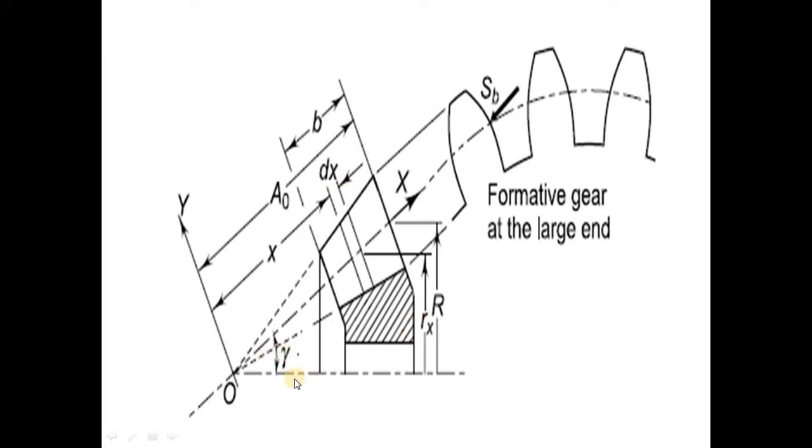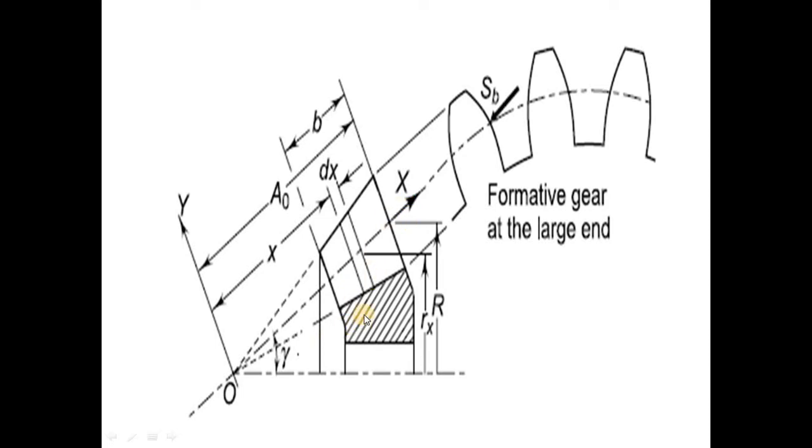Rx is the distance of that element from the central neutral axis, R is the larger end distance from the neutral axis, and A0 is the larger end distance from the apex point. The x distance is the distance from the apex point to the dx element, and SB is the beam strength acting at the midpoint of the face width of that gear, in this direction.